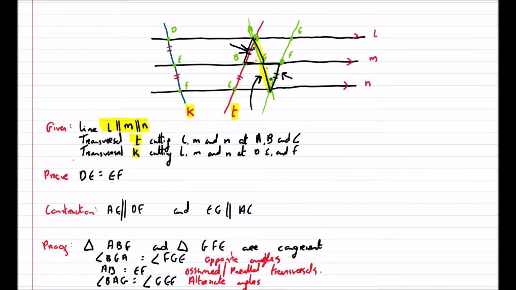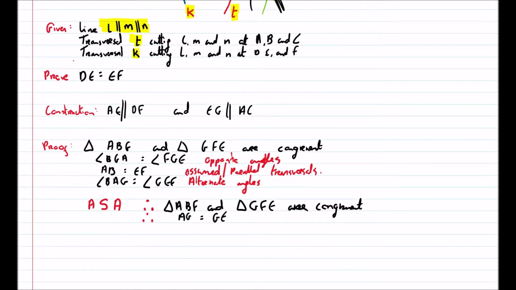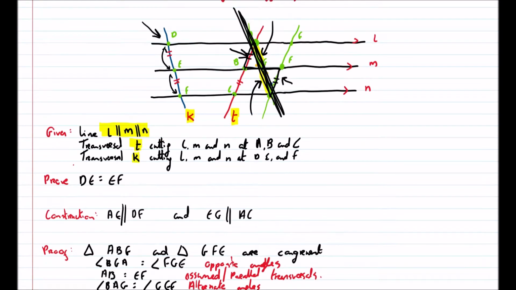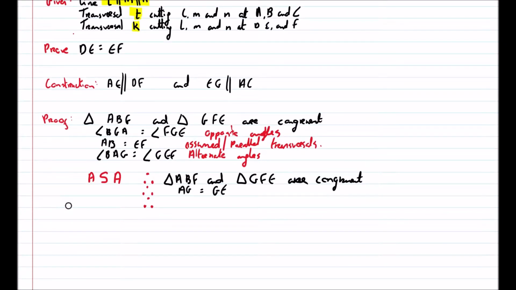So say again, this line here is the same as this line here. Well, if that's the case, and that line is parallel to this line, well then wouldn't it be safe to say that the distance from DE to EF is the same? Okay, so I can say then, therefore DE equals EF.